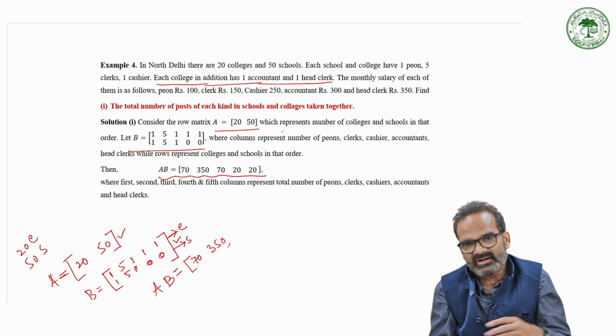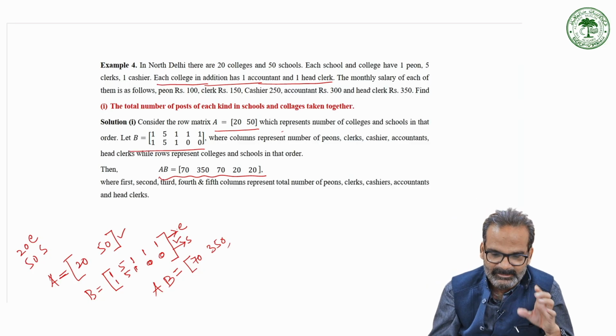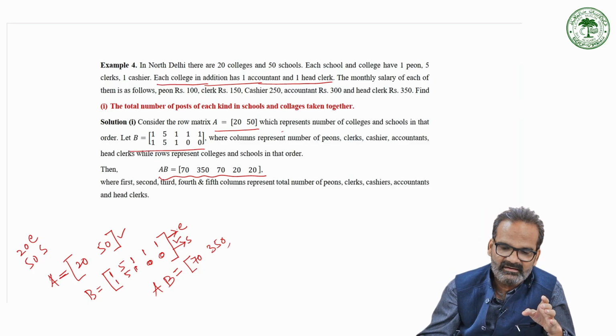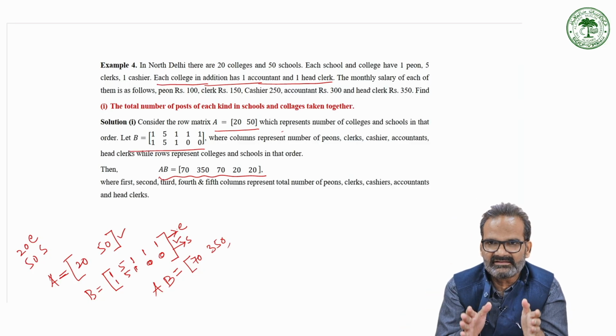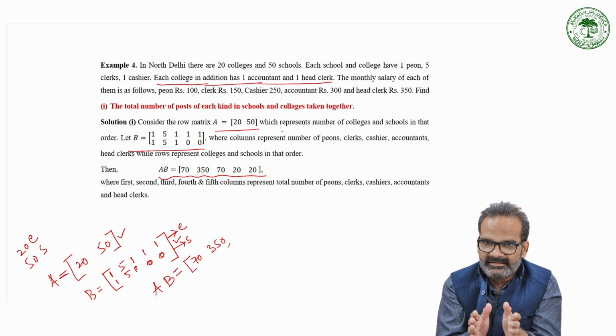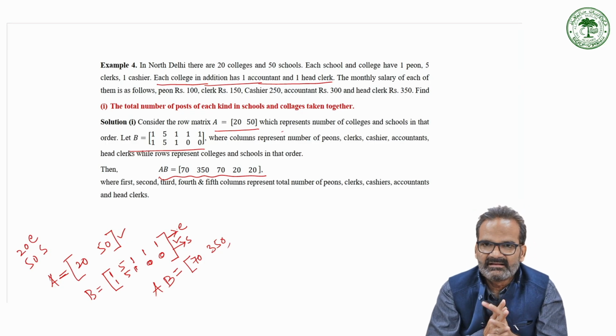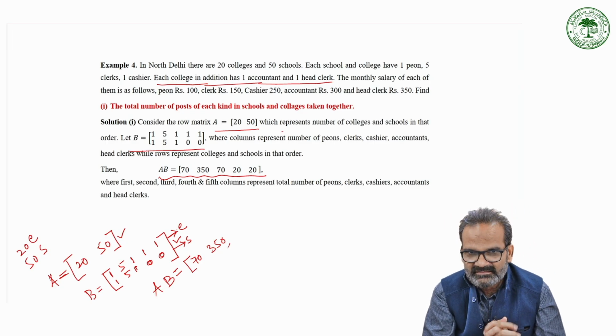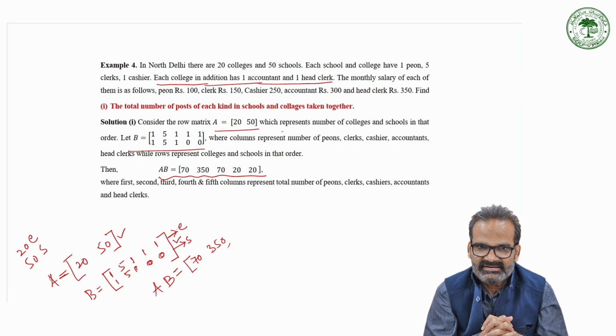So simply the product of the two matrices A and B represents the total number of employees, whether peon, clerk, cashier, accountant or head clerk, in colleges as well as schools all together, and this is what we want to calculate, right?